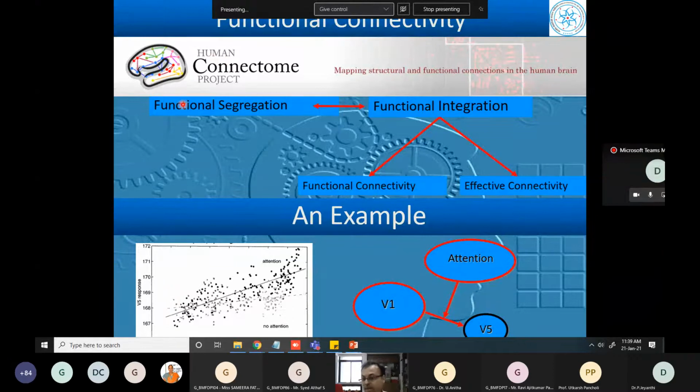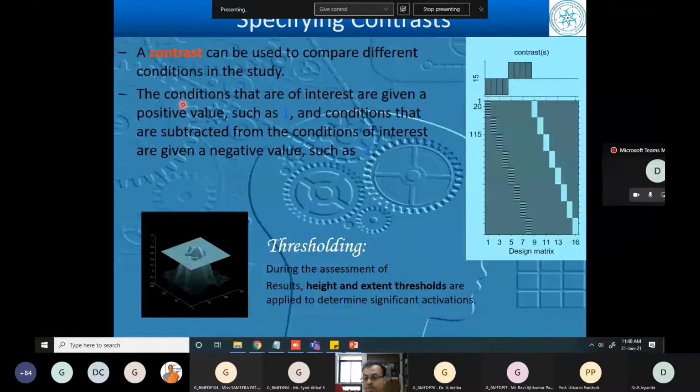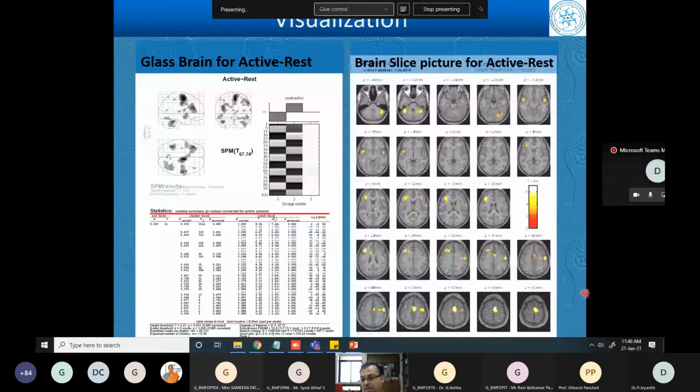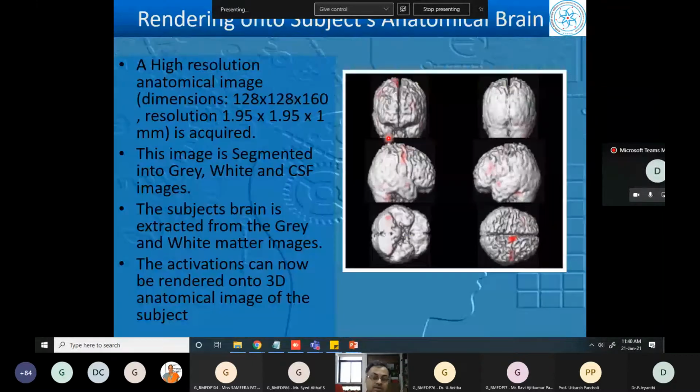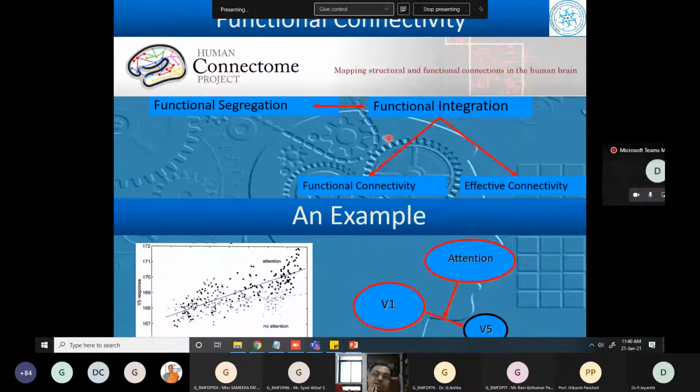So finding brain activity, which part of the brain is active during a task, is very interesting. Okay, fine, good. But it's not like only one part of our brain is doing one task, right? As I have shown you, there are multiple regions of the brain that are doing the task. Now you want to know what the connections between them are. So for the last 10 to 15 years, there has been this huge project, the Human Connectome Project.